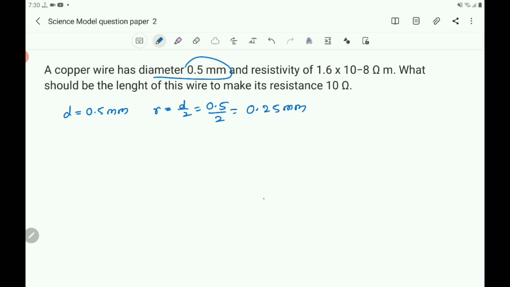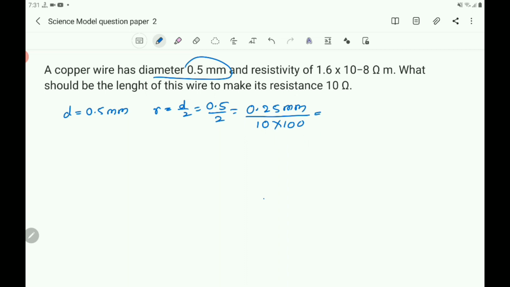Then here the resistivity is in ohm meter, so you must convert this into meter. Why do you multiply by 10 into 100? Because 10 millimeter equals 1 centimeter and 100 centimeter equals 1 meter. So 10 into 100 millimeter equals 1 meter.